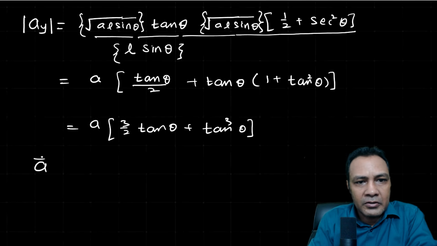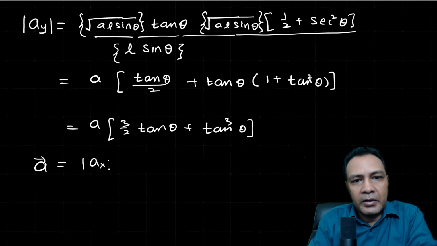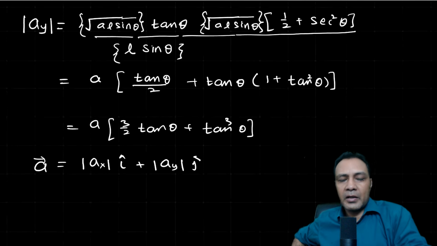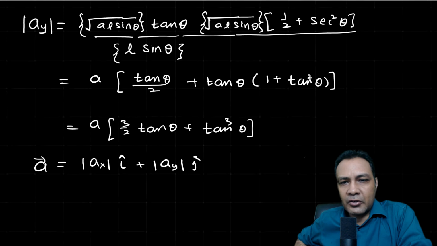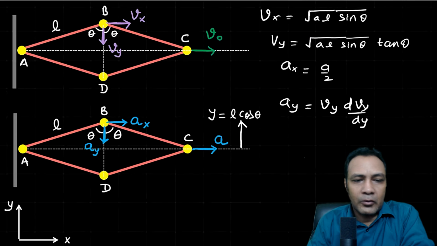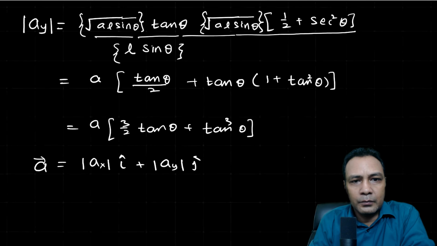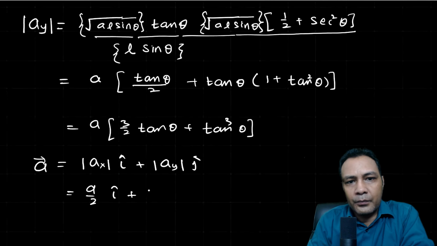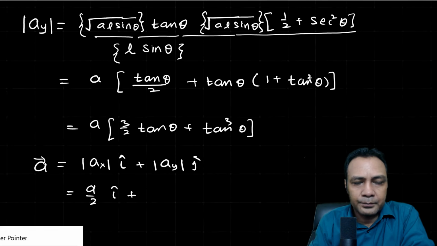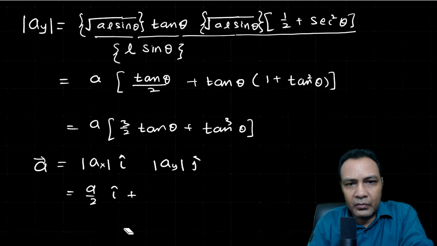So I can write A is equal to mod Ax i cap plus mod Ay j cap. For Ax, it is clear that in the x direction, the acceleration is along the positive x direction. So the x component of acceleration was simply A by 2, that is A by 2 i cap, plus from here, we had decided that this acceleration is along the negative direction, and actually it had anyway come with a negative sign.